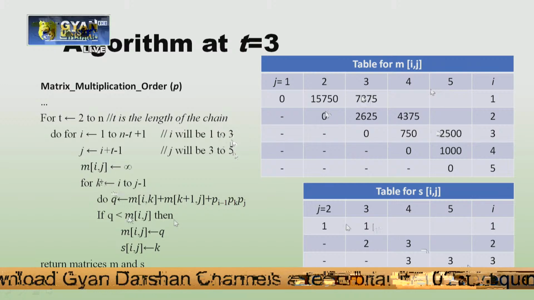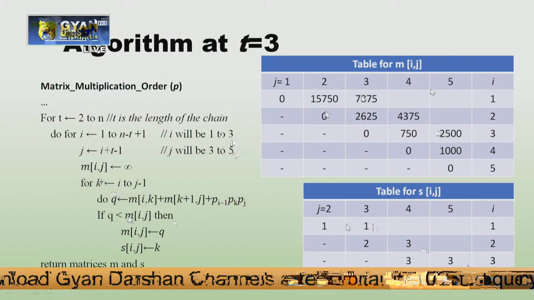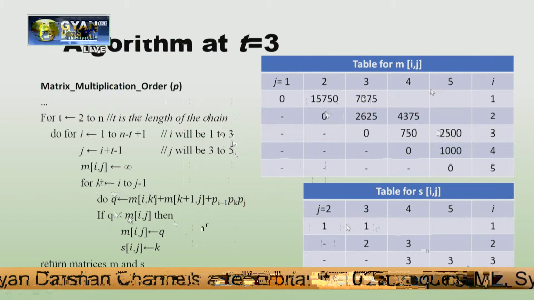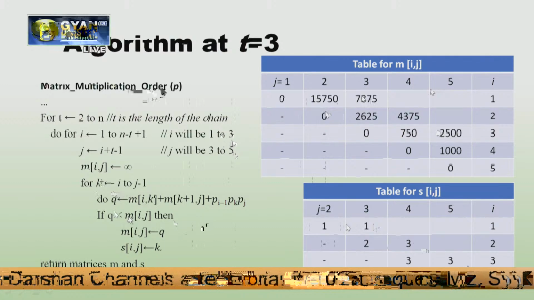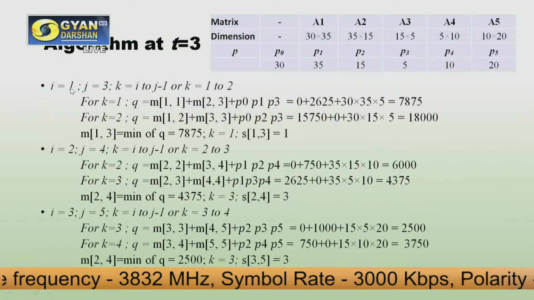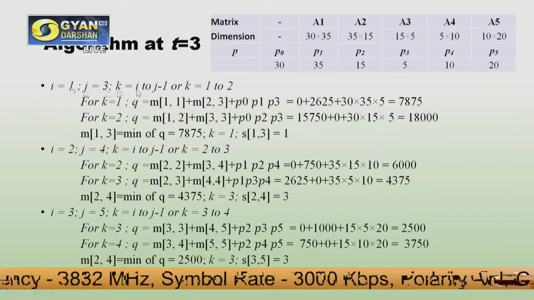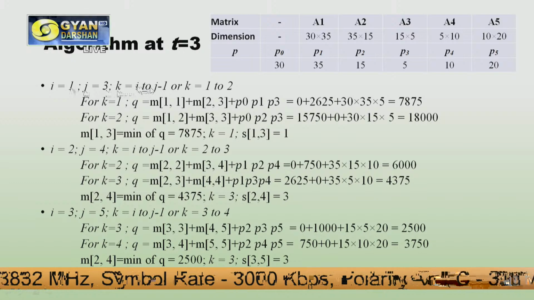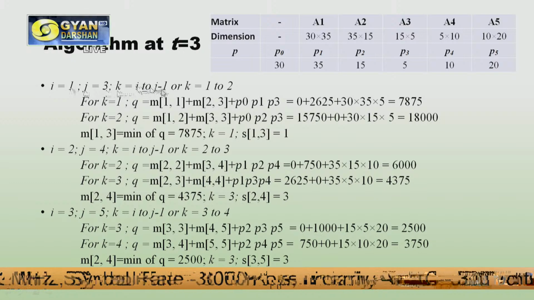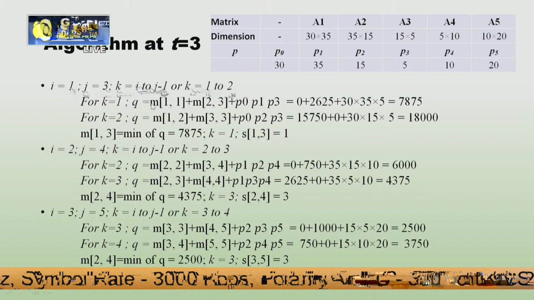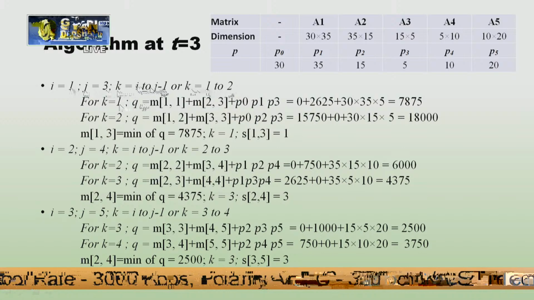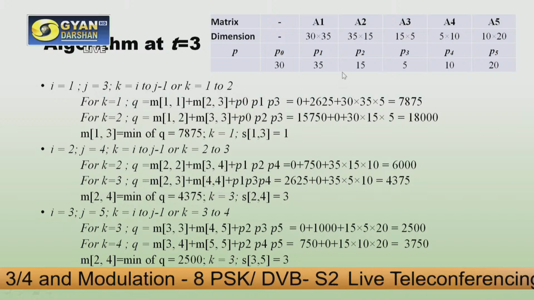And how are those values going to be computed? Now you have two k's. Why? For i is 1, j is 3, the value of k is i to j minus 1, that means 1 to 2. Now for k equals 1, what does it mean?